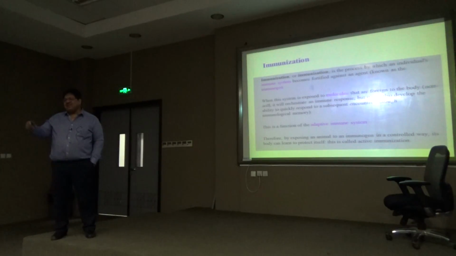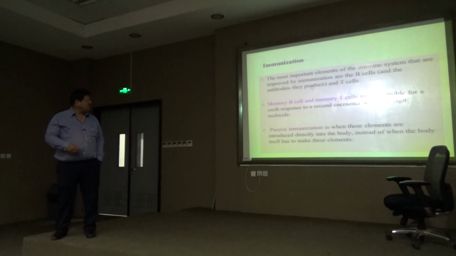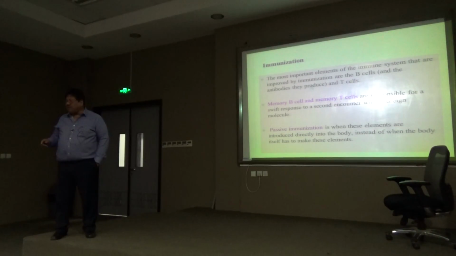Now, this is just a repetition of what I'm trying to tell you. You must remember that immunization can be achieved in individuals. If it's a shorter period of time, you give passive or humoral preformed antibodies. That's very short.